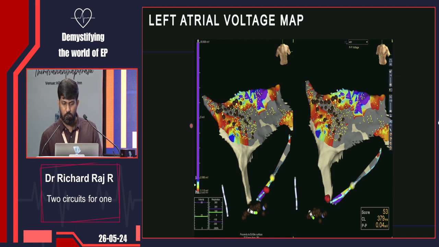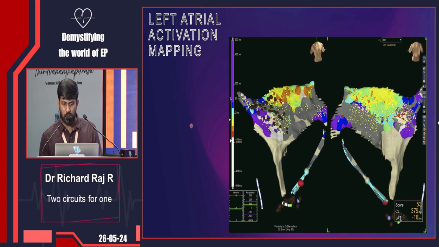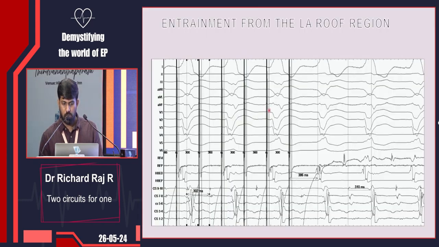And this was confirmed by the activation mapping as well, where you can see the isochronal crowding in and around the same region. So we also excluded that the LA roof is part of the circuit, since the post-pacing interval is also much longer than the tachycardia cycle length.